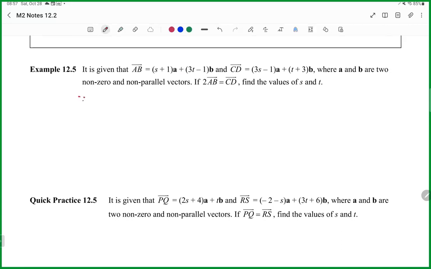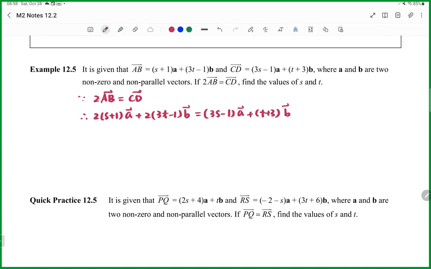So because 2AB equals CD, therefore 2 times this plus 2 equals CD. Just put them in. And then there is an expression, a combination of A and B, but they are equal. That means the coefficients must be identical.